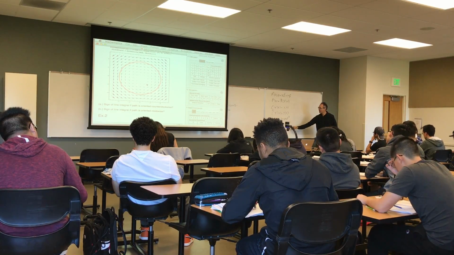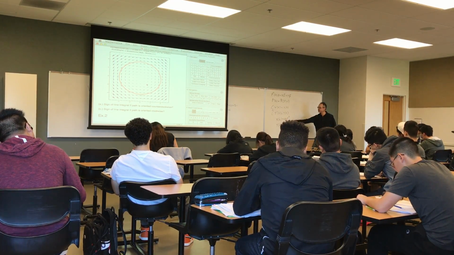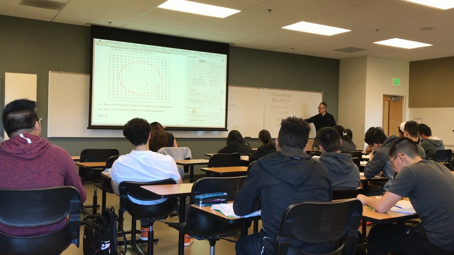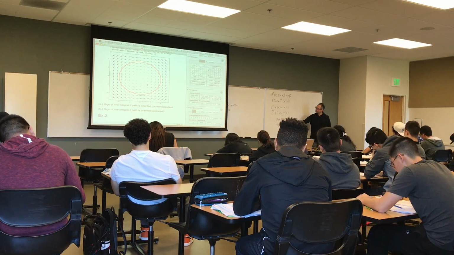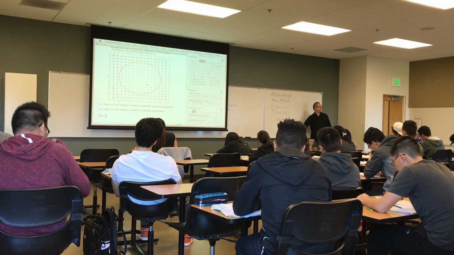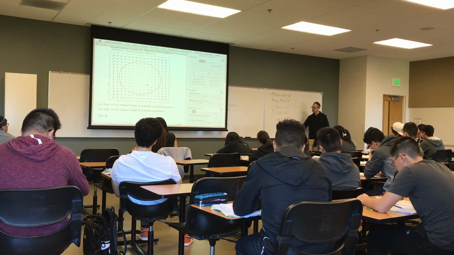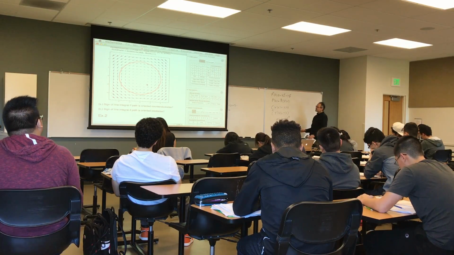Sure. How about this one? I could add in a constant here. Does it need to be the same as that? No, it could be a different constant here, because all I'm trying to do is find something whose derivative is itself. Okay, so fair enough, we have something that looks like this.